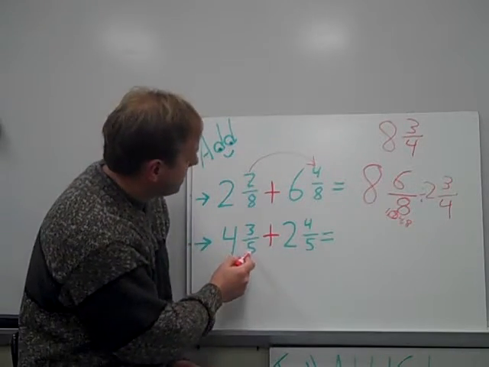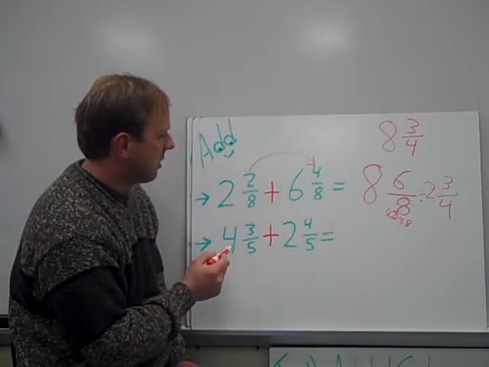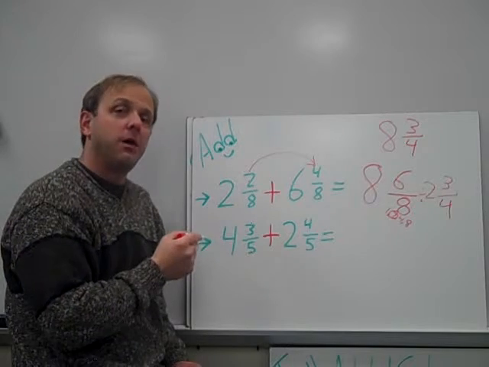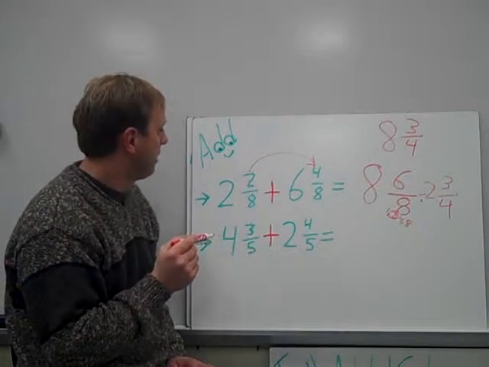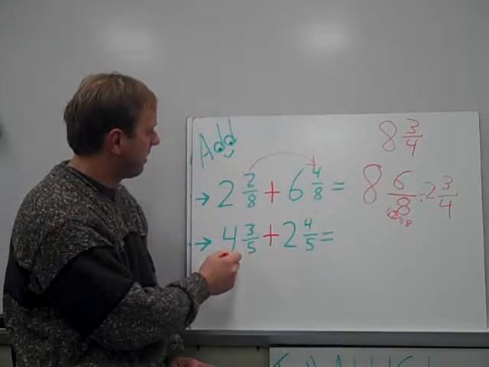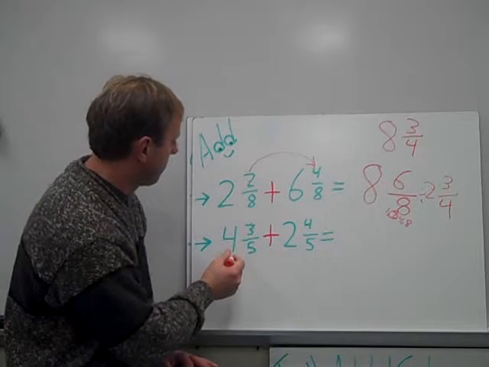Now, this one's a little different. If you look at this, our denominator is 5, but if we were to add 3 plus 4, we have 7. Now I know there's more than one way to do this, but I've found for students the simplest method typically is to convert these both into improper fractions.